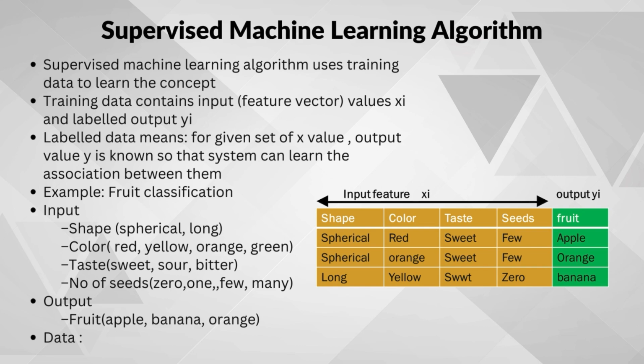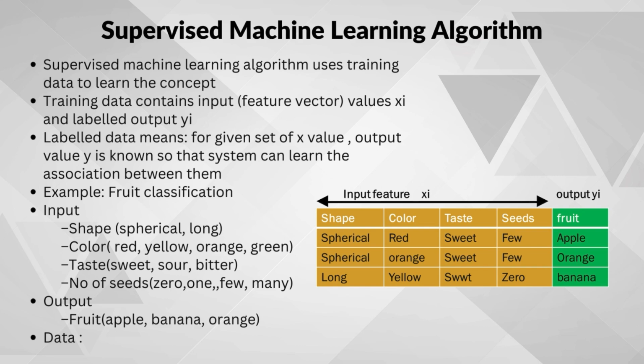Let us say if we are developing a machine learning system for automatically classifying of fruits, and we have a mixture of fruits like for example apple, orange or banana. System learn the features of these fruits as the shape, color, taste, number of seeds, and the output is the name of the fruit, which is either apple, banana or orange.